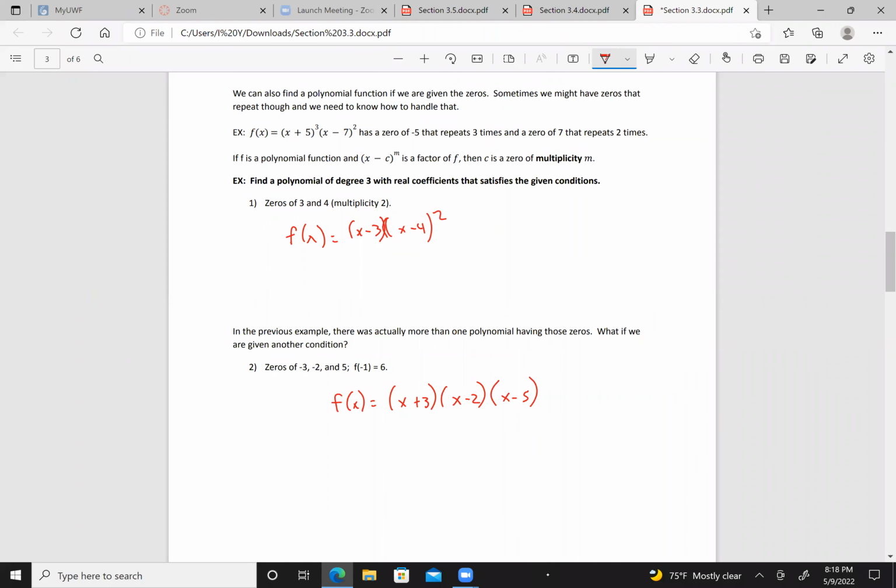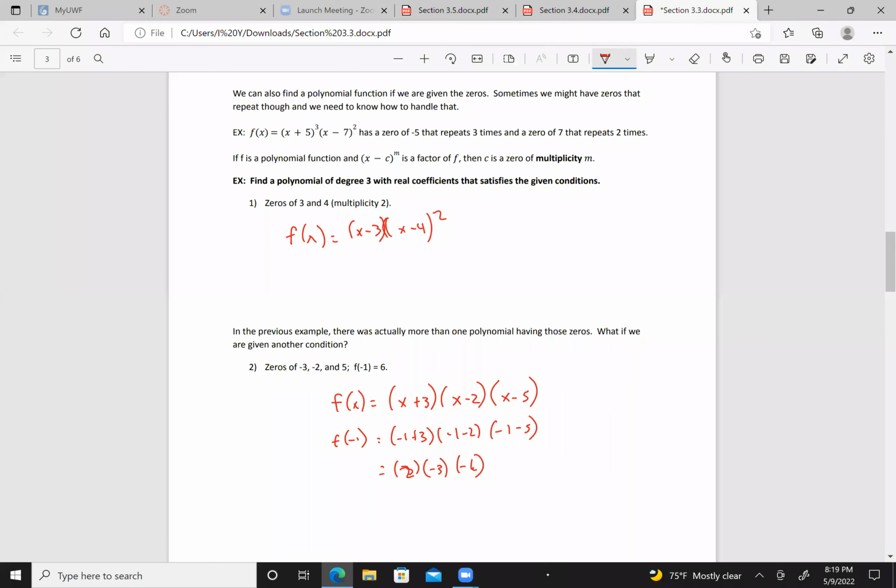So if I go with this and put negative 1 in here, I have negative 1 plus 3, negative 1 minus 2, negative 1 minus 5. So this is 2 times negative 3 times negative 6.